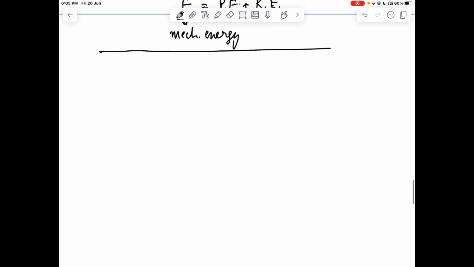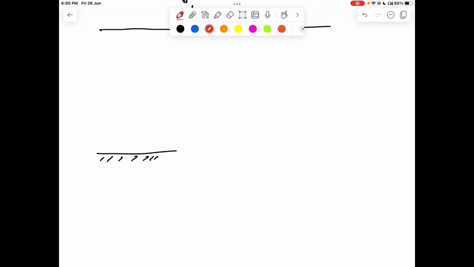Okay, so now let's look at an example. We consider a ball at height h. Initially, of course, the ball is at rest at this height, so v is 0, and then the ball is dropped and it falls all the way down.